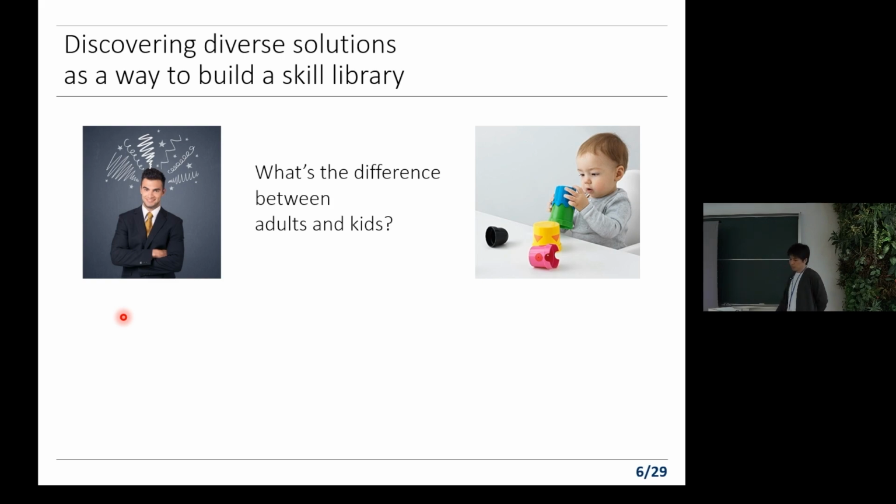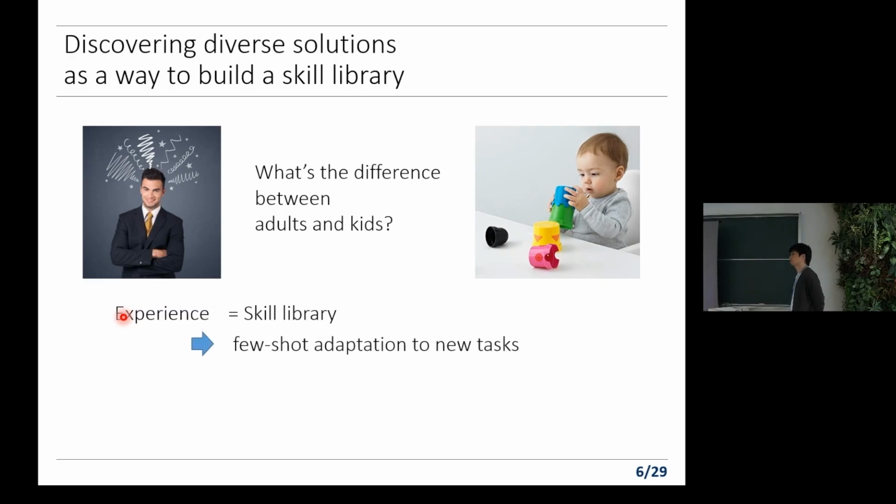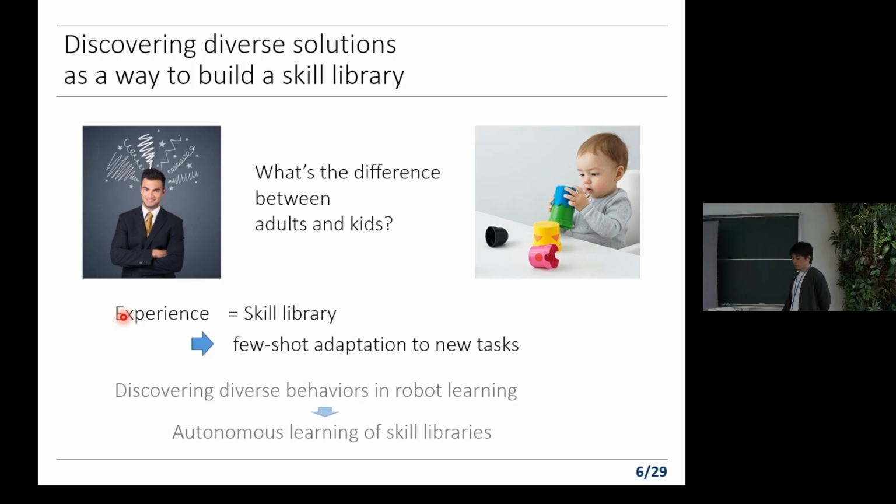One of the answers to this question is probably the experience. Human adults have experience of performing diverse tasks, and they have the skill levels internally. That's why they can quickly adapt to new tasks just by watching others or hearing the instructions. We want to achieve something similar in robots as well.